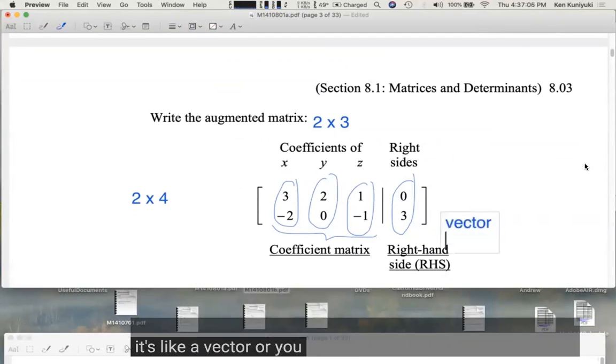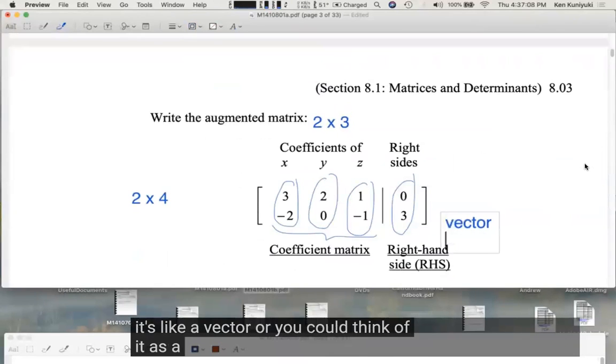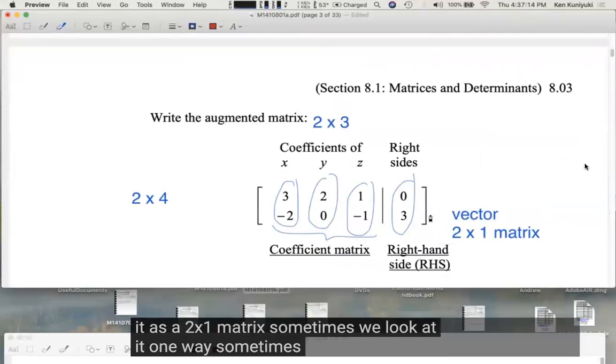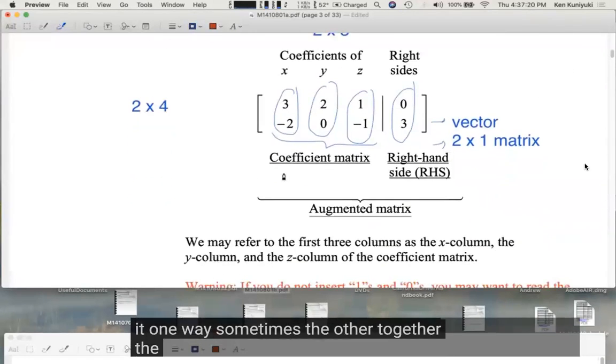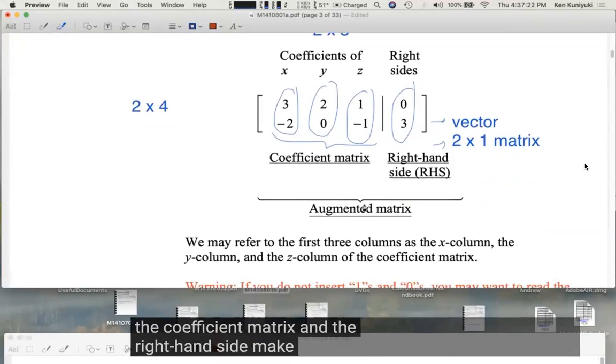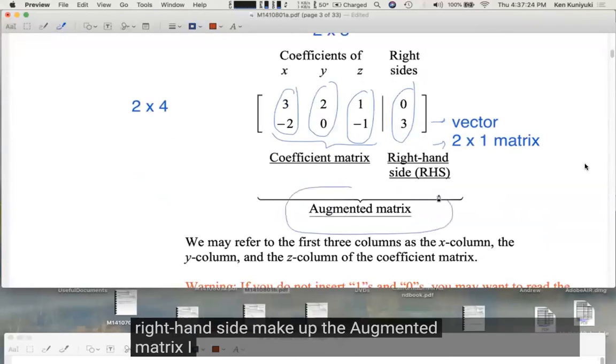It's like a vector, or you could think of it as a 2 by 1 matrix. Sometimes we look at it one way, sometimes the other. Together, the coefficient matrix and the right-hand side make up the augmented matrix.